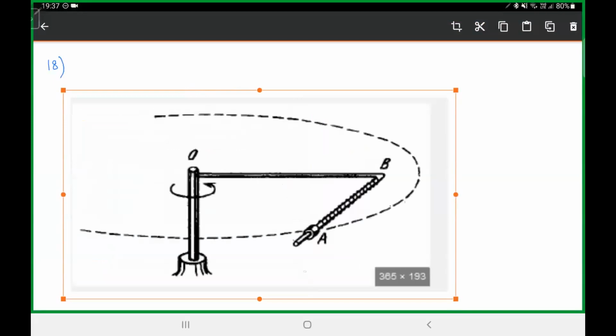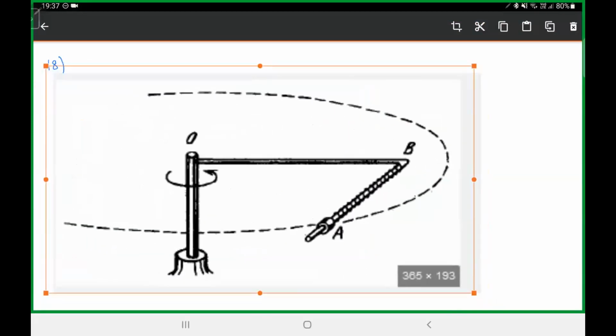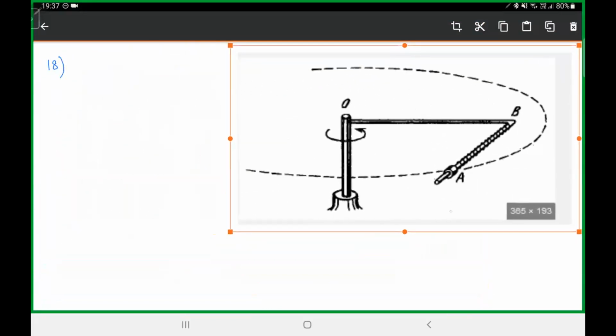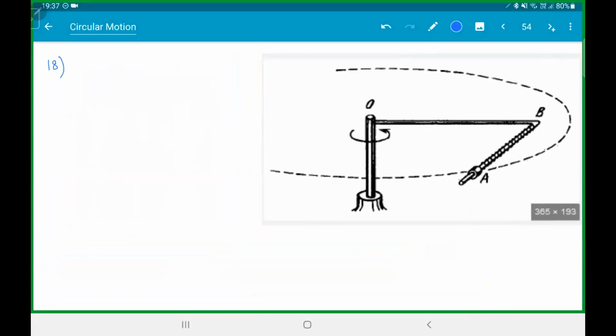There we have a system like this. So we have a rod like this, rotating with omega. So this is 90 degrees.